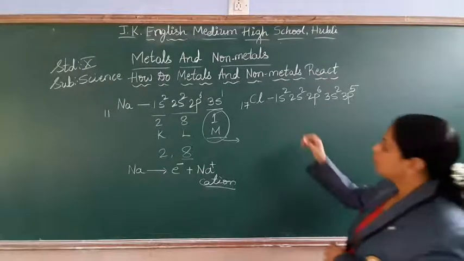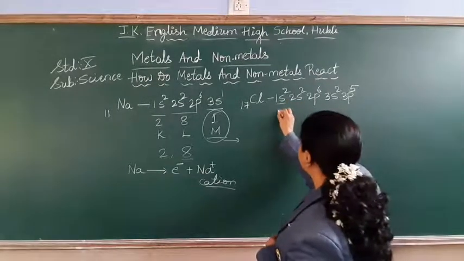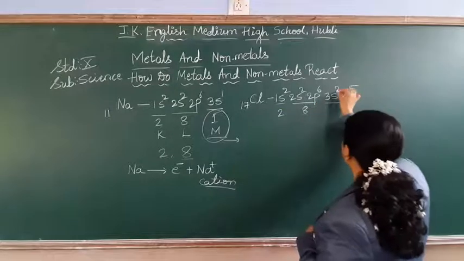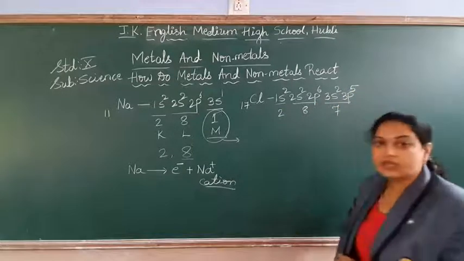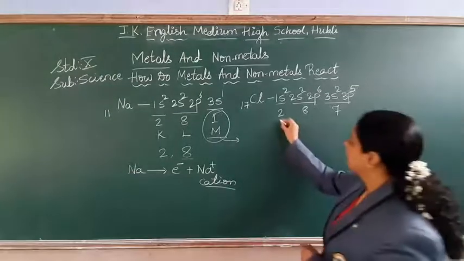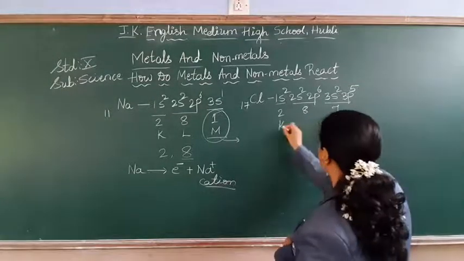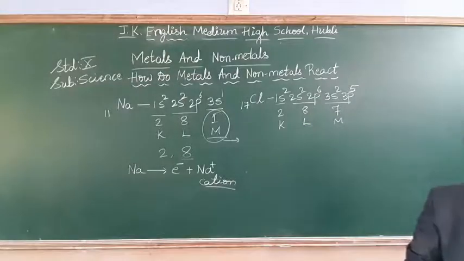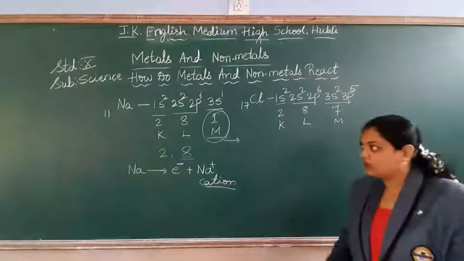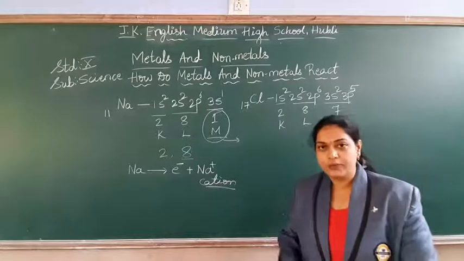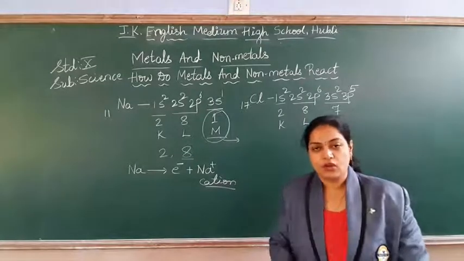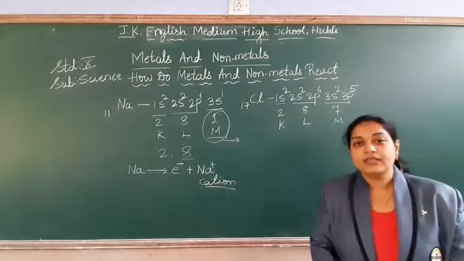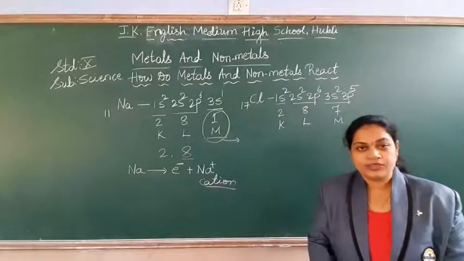Correct? So first shell, K shell, with how many electrons? 2, L with 8, M with 7 electrons. Now, students, all the elements, whether metal or non-metal, want 8 electrons in the outermost shell to become stable.